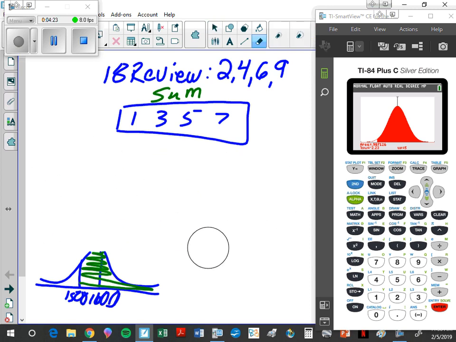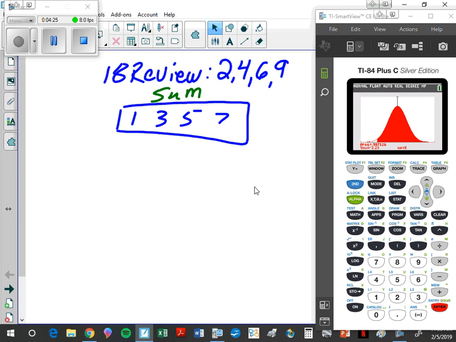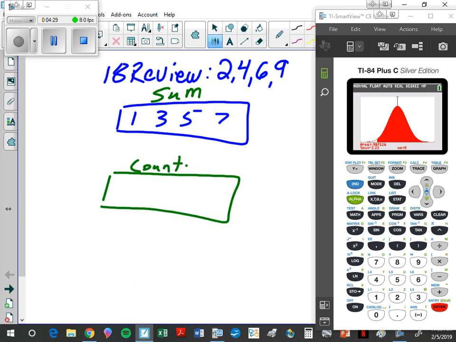So if I create a counting box, what goes inside of it? A counting box will always have what 2 numbers in it? 1 and 0. Okay? Why does it have only a single 1?